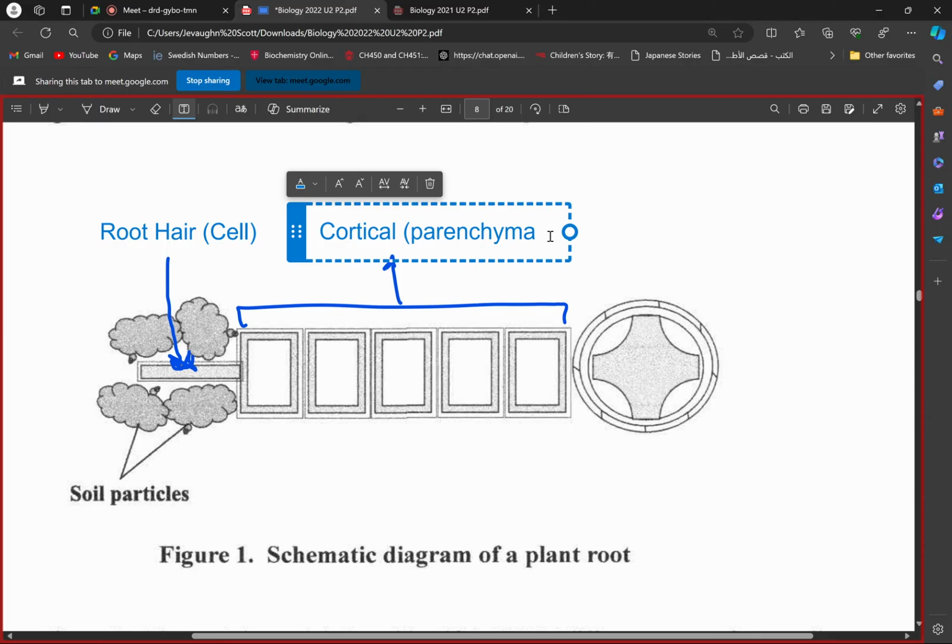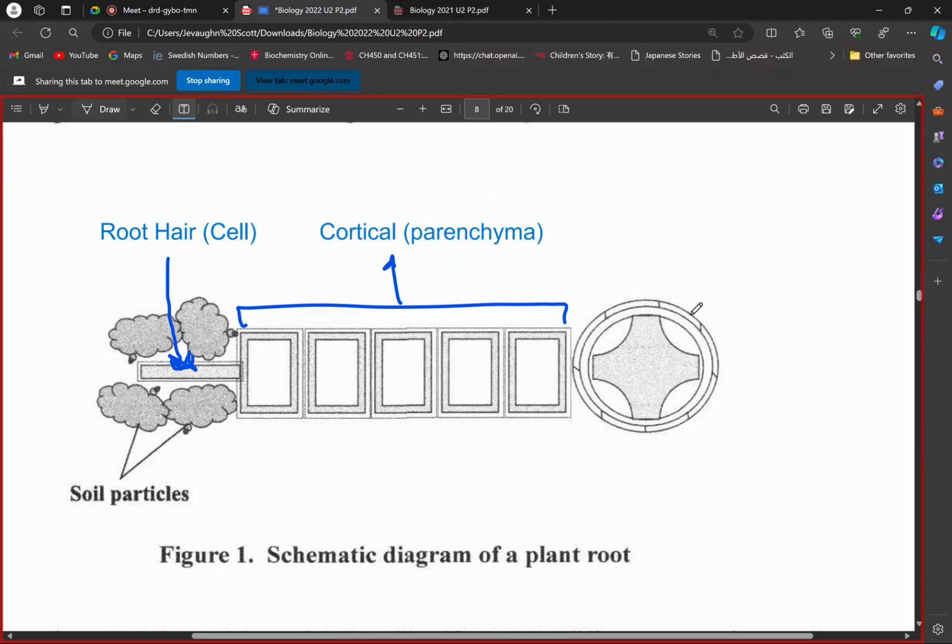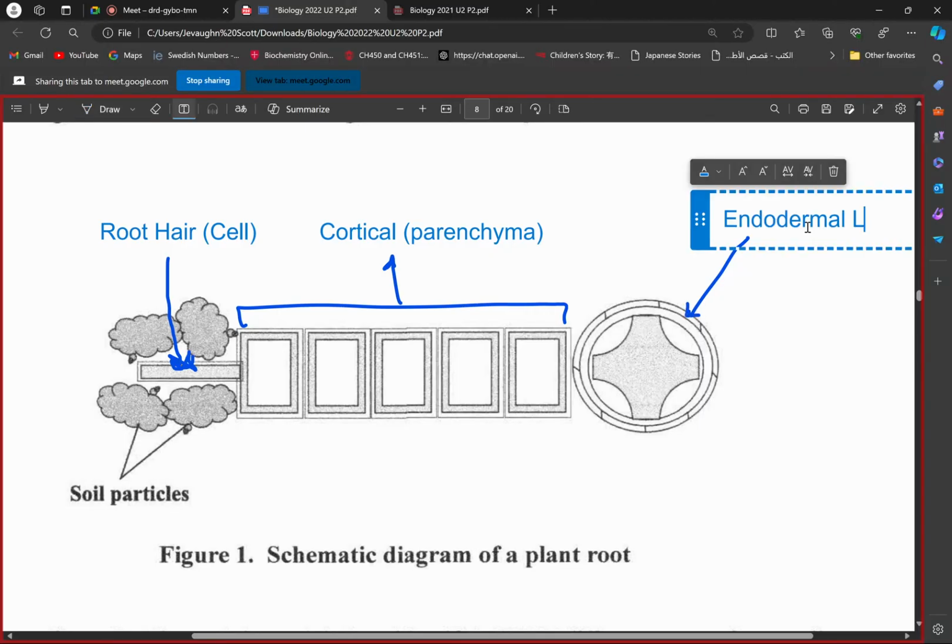Okay? Now let me ask, what is this here? The outer layer of the ring. Endodermis. The endodermis. And what are the notable features about the endodermis?